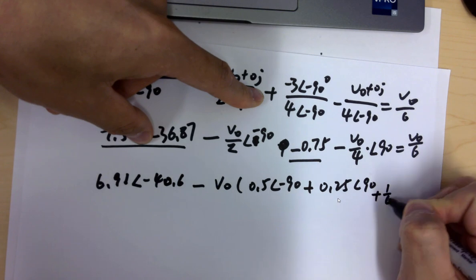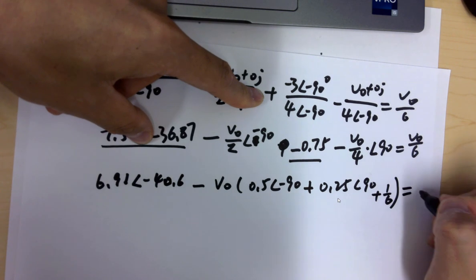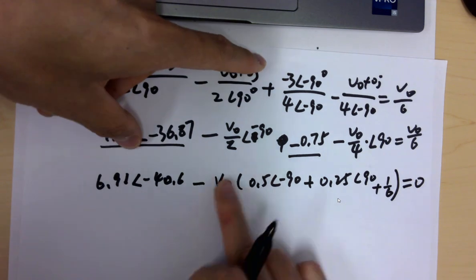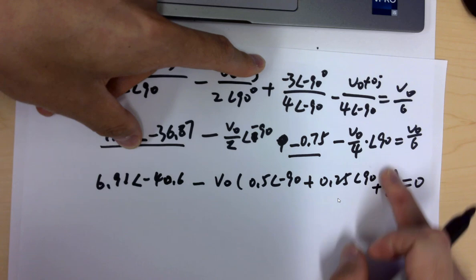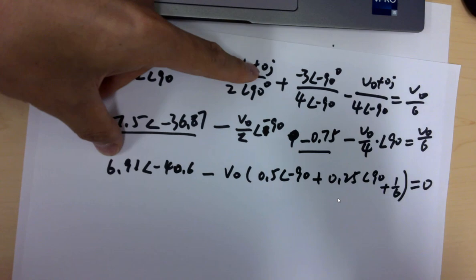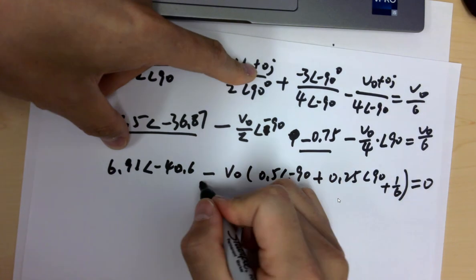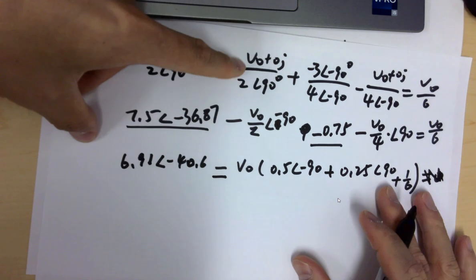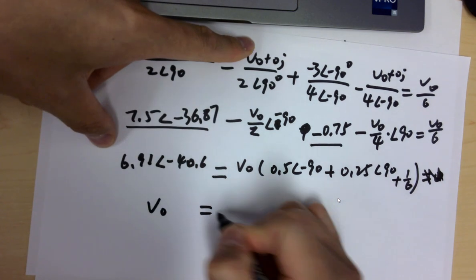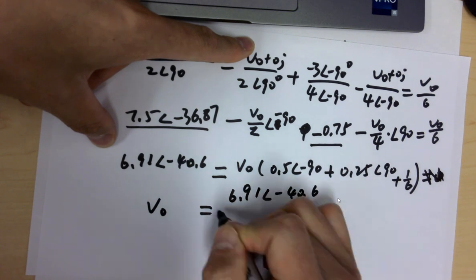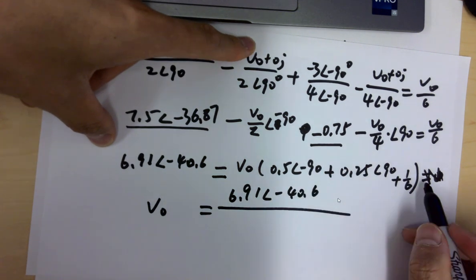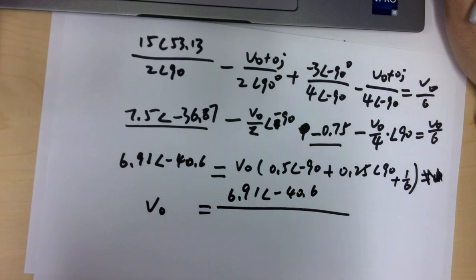Plus 1 over 6. Okay, so minus, let's verify this really quick. Minus, this becomes minus, this becomes minus. Yes, this seems to be right. And then move everything to the right, so this equals this. So V out eventually becomes 6.91 divided by this whole thing here, right? So now let's calculate it.